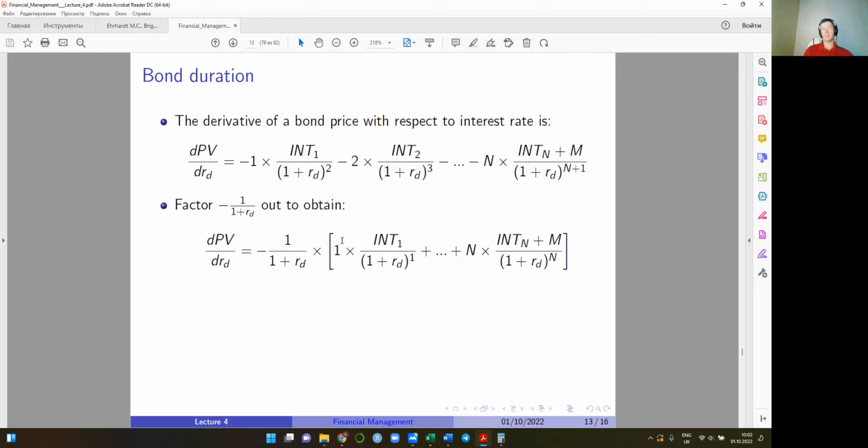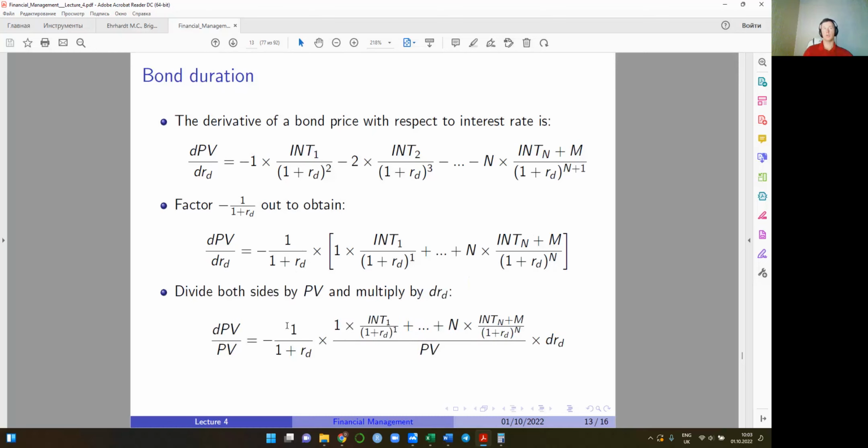What it gives us, first of all, we get rid of these minuses in front, and second, in the denominators, we have the usual exponents 1, 2, 3, up to n, so we get rid of one extra exponent here. The second step is to divide both sides by PV and multiply by dRD.